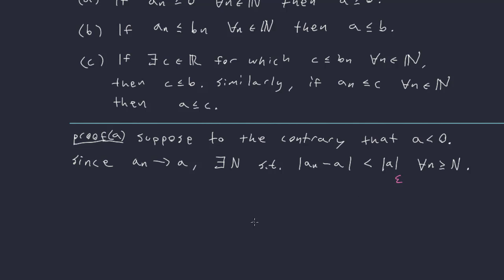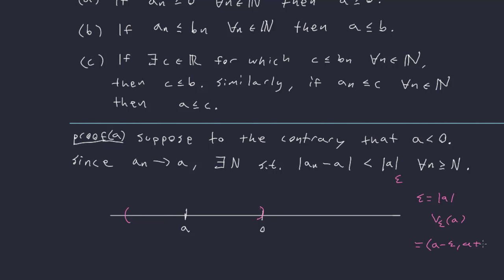So if I were to look at a graph, and remember, here's 0, we're assuming that A is less than 0. Now, when I let epsilon be the absolute value of A, then when I set up my epsilon neighborhood, V_epsilon about A, that's going to be the open interval from A minus epsilon to A plus epsilon.